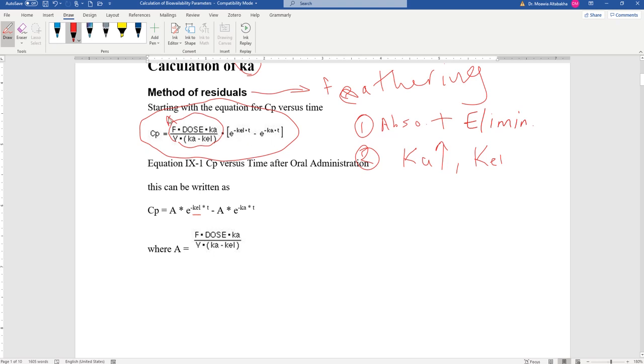So I can write A times e to the power of minus Kel t, and A times e to the power of minus Ka t.